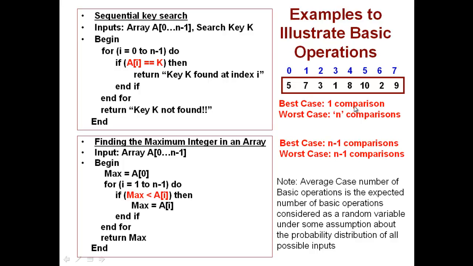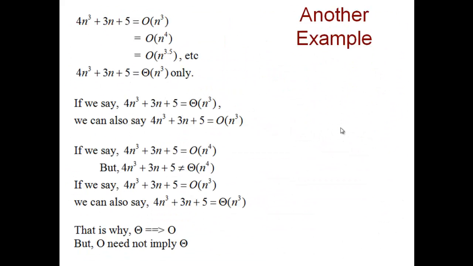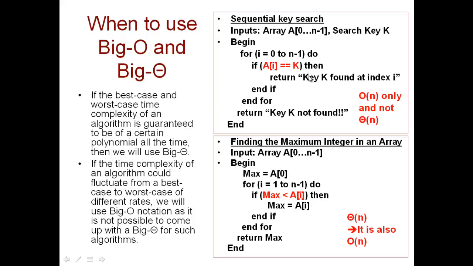So in this algorithm, we can see the best case, which is one comparison, is definitely different from the worst case, which is n comparisons. One is not the same as n. So this is the rule: if the best case is different from the worst case, we can use only the big O notation to represent the time complexity.